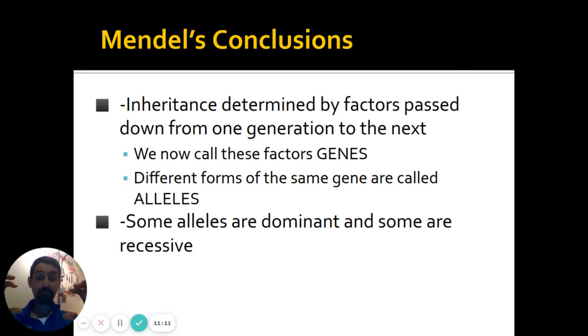They're in a pair. They don't have to be the same, or they could be the same. Also, those different forms can be dominant and they can be recessive. So I could inherit the dominant form from my parent. Like if I have a purple and a white, purple is dominant. He knew that the first offspring inherited purple and white because he cross-pollinated, yet they were all purple.